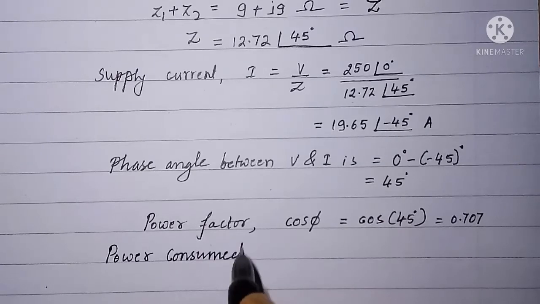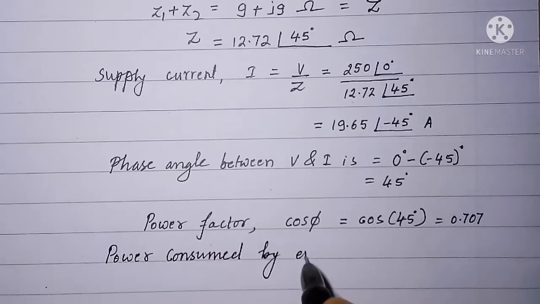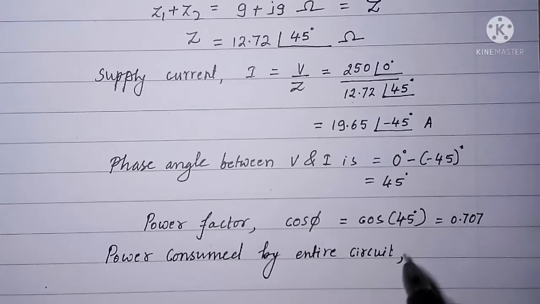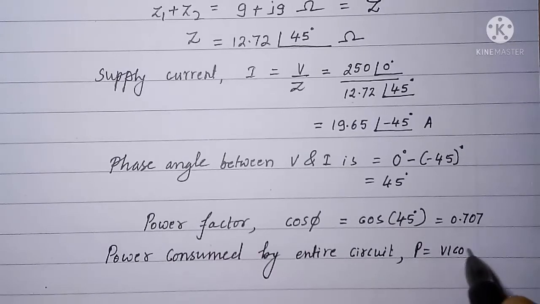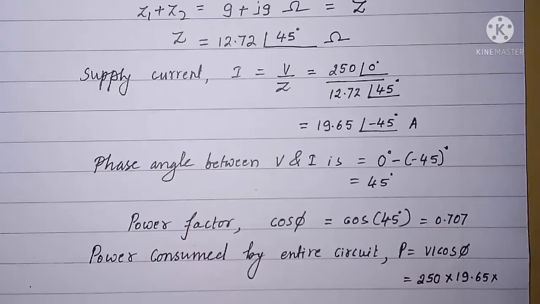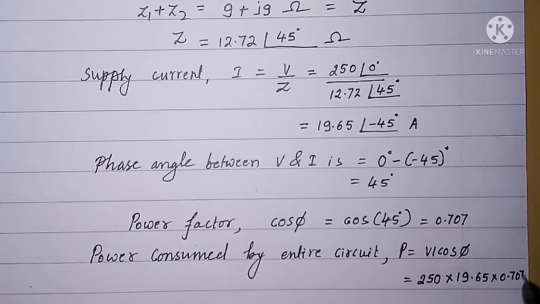Power consumed by entire circuit, P is equal to VI cos phi, that is 250 into 19.65 into 0.707.